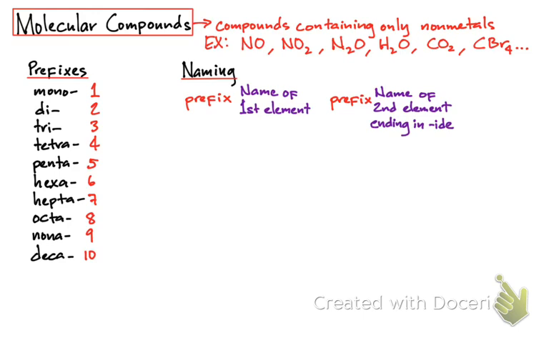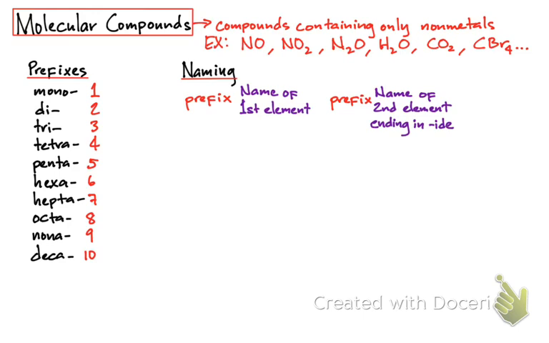And then for the second element, you would again use a prefix indicating the number of atoms for that specific element, followed by the name of the second element, but this time ending in IDE. Right? So for example, we have NO over here, you have one nitrogen, okay, and one oxygen. So you would name that as nitrogen monoxide.